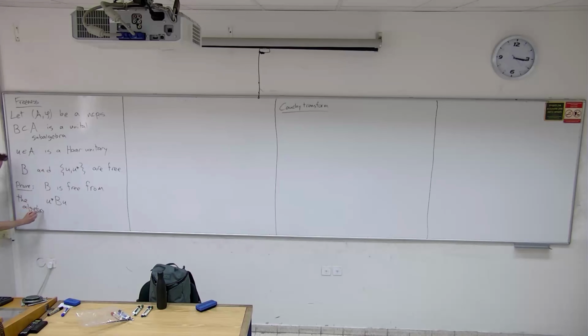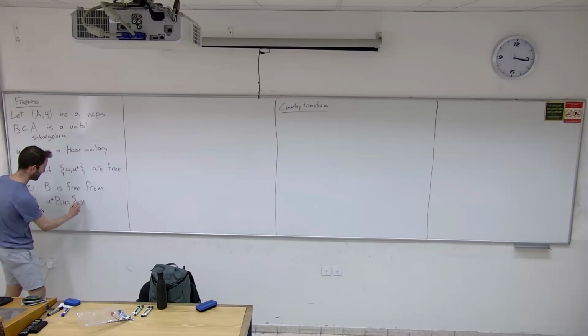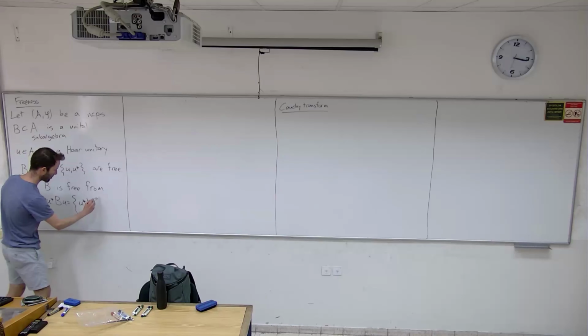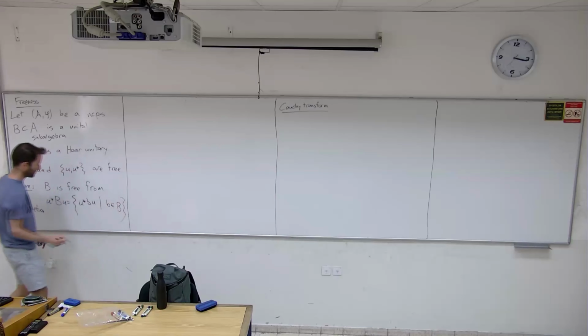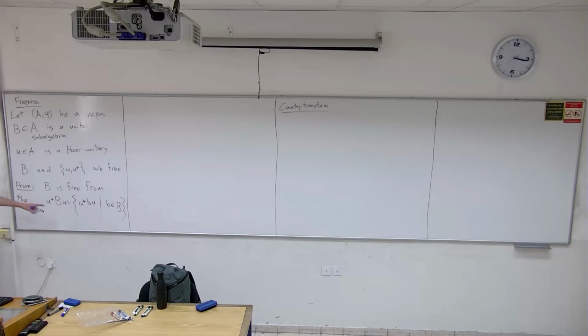It's closed under addition and multiplication, and its definition is just all the elements of the form U star bU, where b is in B. It's closed under multiplication because U is unitary.